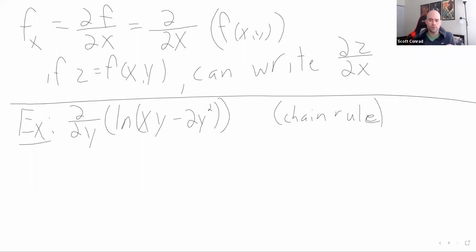right? So if we have the derivative of an outer function of an inner function, we differentiate the outer function of the inner function and then multiply by the derivative of the inside. So when we do the derivative of natural log of something, we get 1 over that something, right?